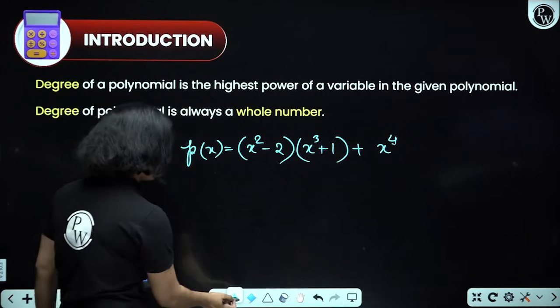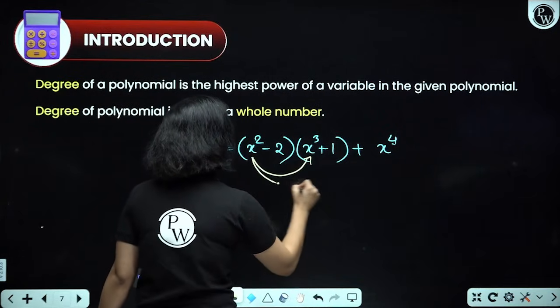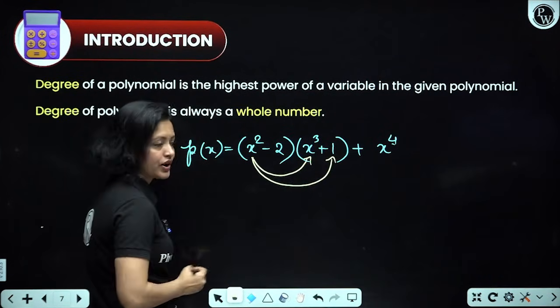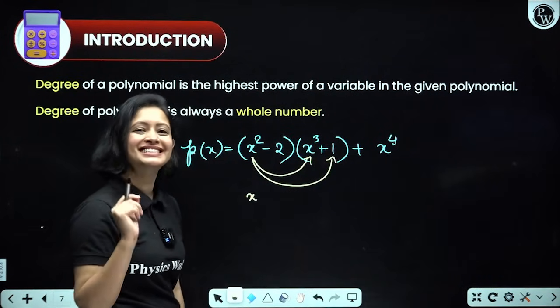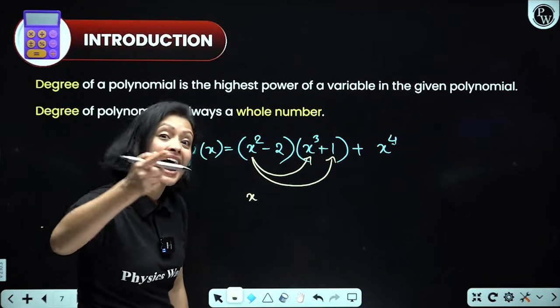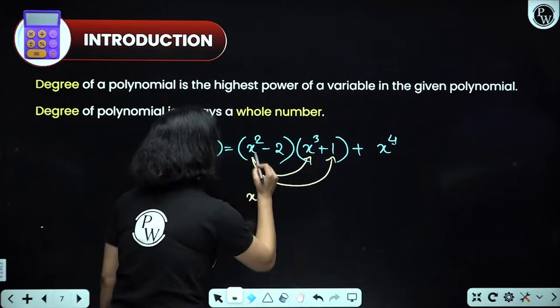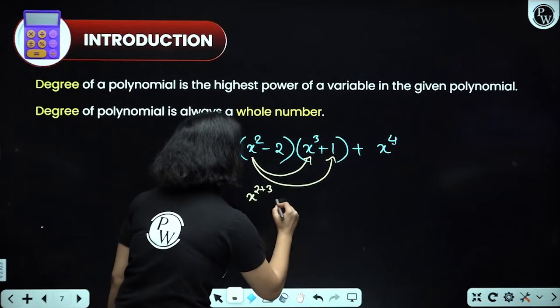To convert it into standard form, everyone, you'll multiply and basically open up the bracket. So x squared into x raised to power 3. Whenever you have the same base and you're multiplying, the powers get added. Please remember the laws of exponents. So 2 plus 3. I'm doing it in a very basic way so that you understand.